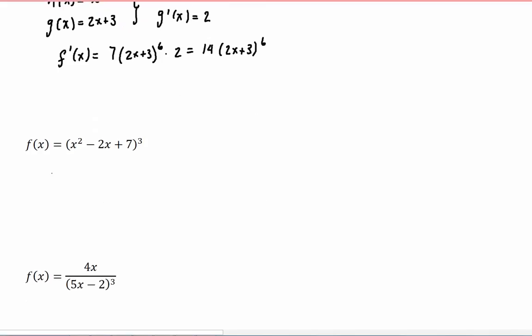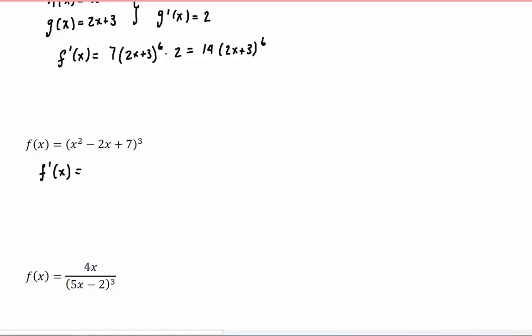Let's do this one. I don't think we have to separate the parts anymore. You see how you have an outside function, which is going to be the function that raises x to the cube, and then the inside function will be the quadratic polynomial.